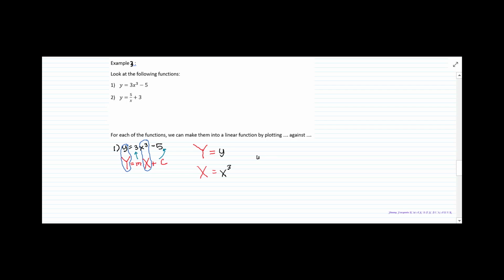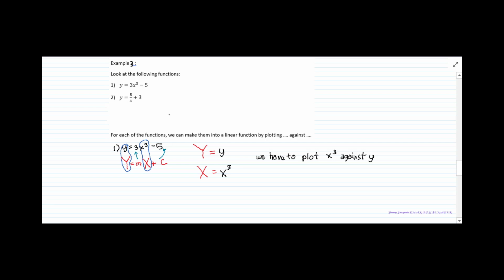So we have to plot x cubed against y to make it a straight line.